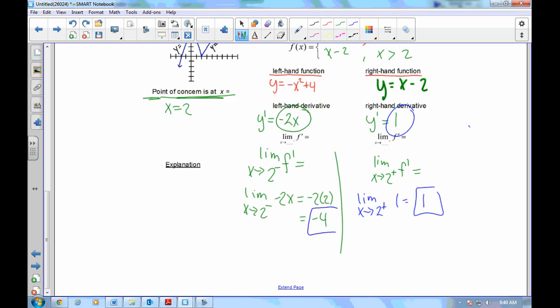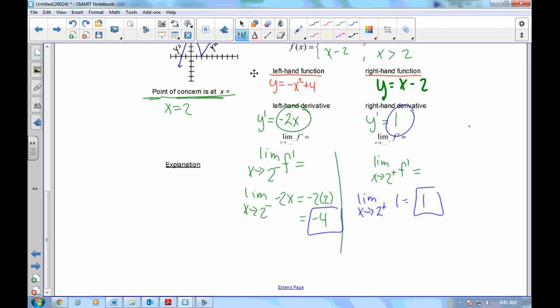So when these are different, what is that telling you? The limit of f prime of x as x approaches 2 does not exist. What does that tell you when the limit of f prime of x does not exist at a certain point?